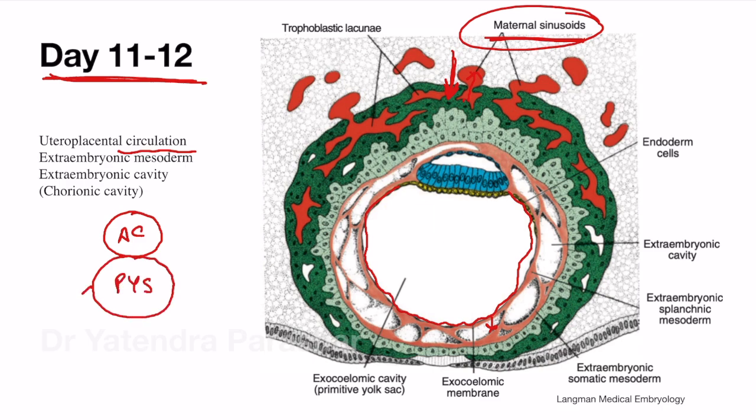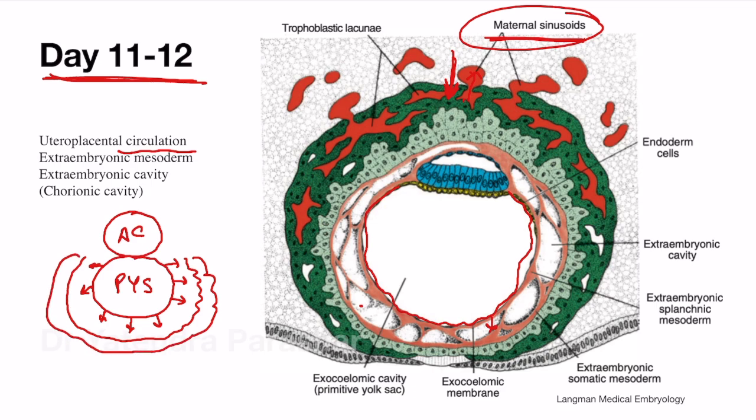The lining of the primitive yolk sac starts to secrete a cell layer known as mesoderm. This mesoderm then starts to cavitate, forming a cavity inside the mesoderm.